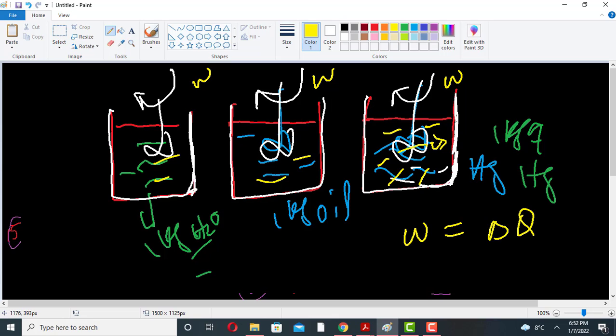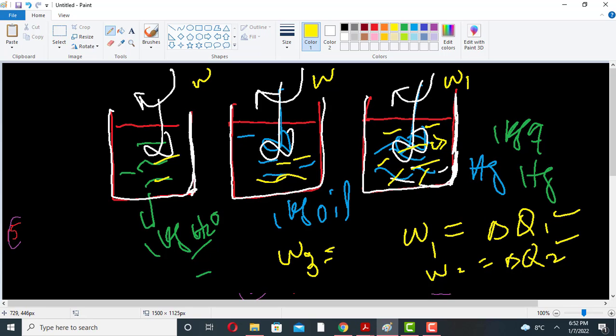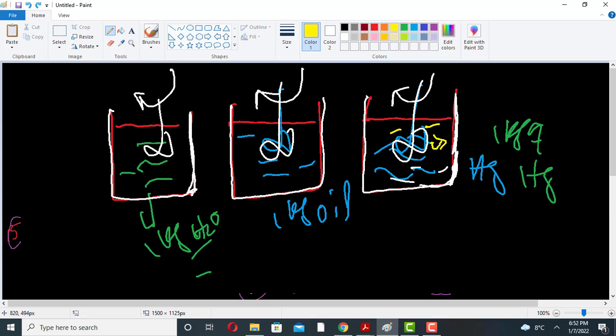Work done by stirrer number 1 on mercury, W1, work done by stirrer number 2 on the oil, W2, and work done by stirrer number 3 on the 1 kilogram of water, W3, are equal to the change in energy of the systems. So now these are the insulated beakers.